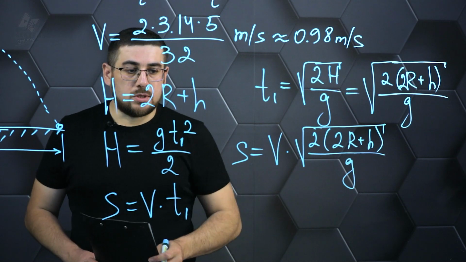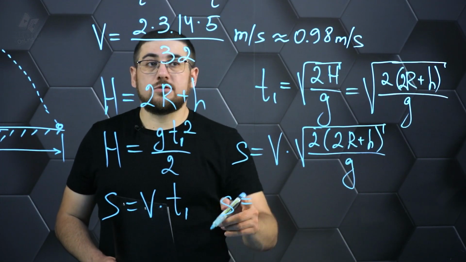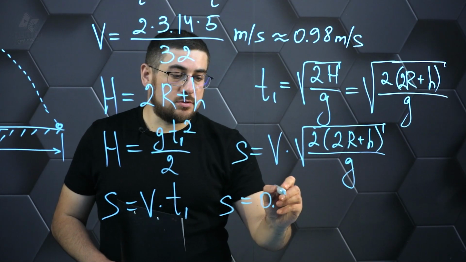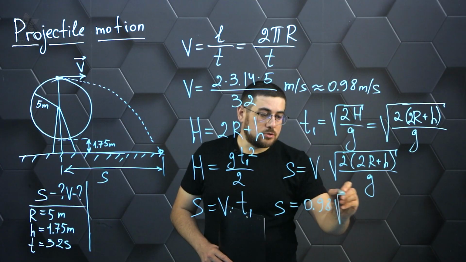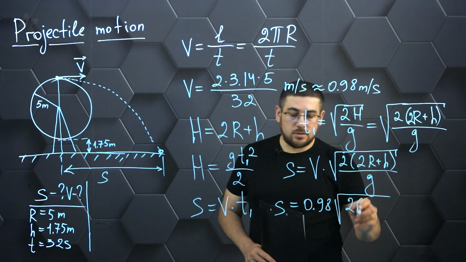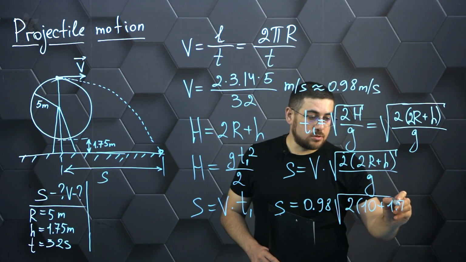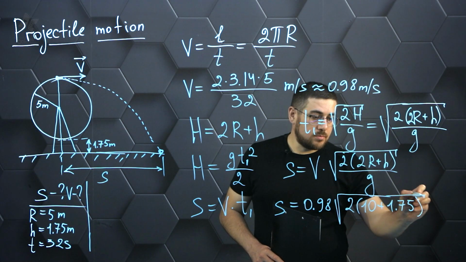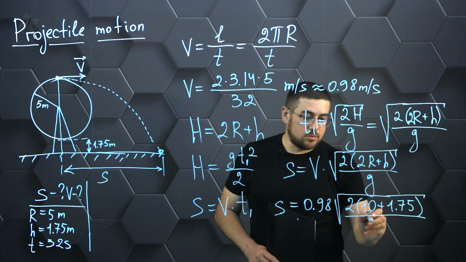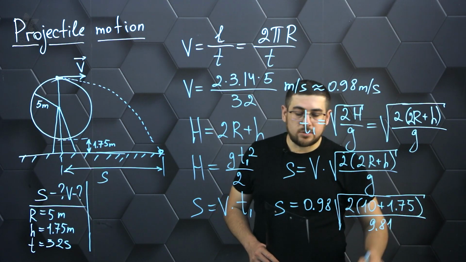We have obtained a formula and now just need to substitute the numerical values. So the speed v we found is 0.98. Here we substitute 2 times r, which is 10, plus h of 1.75, and divide by the free fall acceleration of 9.81 meters per second squared.